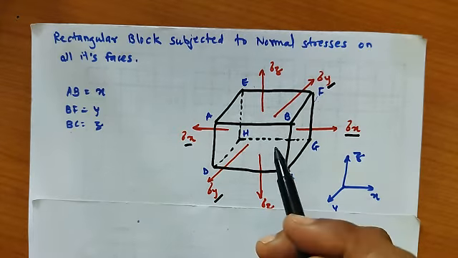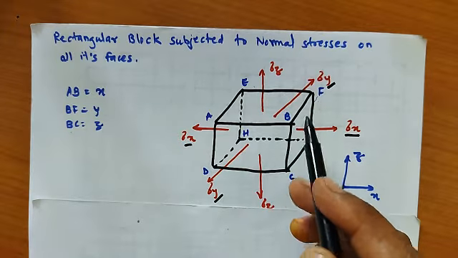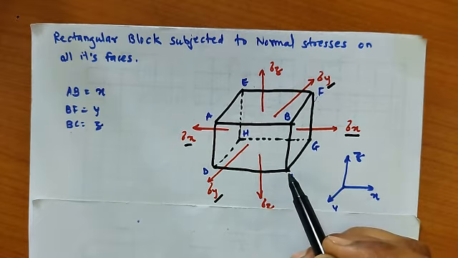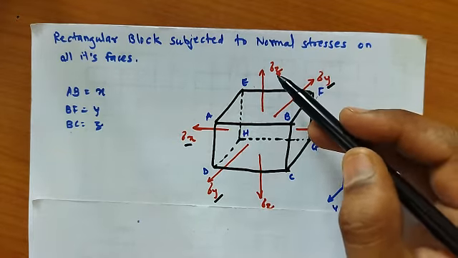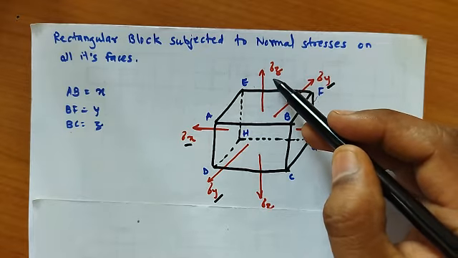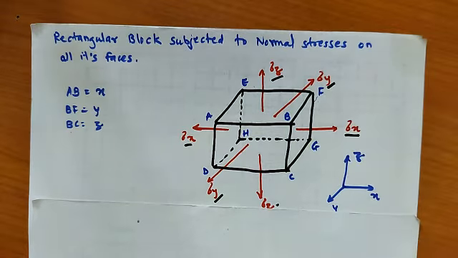Similarly, the faces AEFB and DHGC are stressed with z-directional stress, denoted by sigma z.